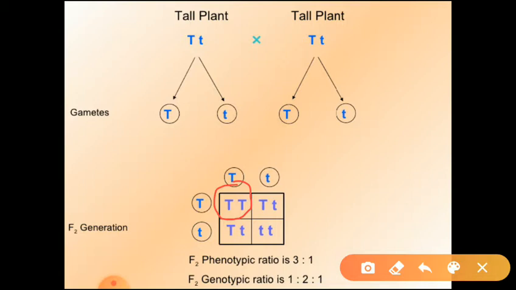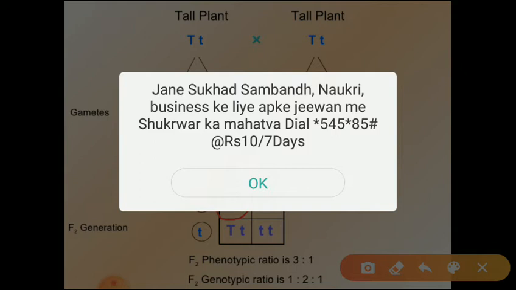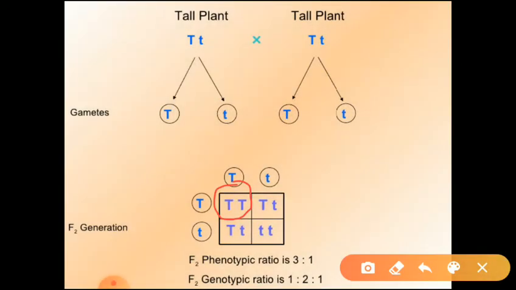That capital T, capital T is meant for pure tall, whereas this capital T small t is meant for impure tall. There are two capital T small t. So this is meant for impure tall, and the next one, small t small t, is meant for pure dwarf or pure short plants.